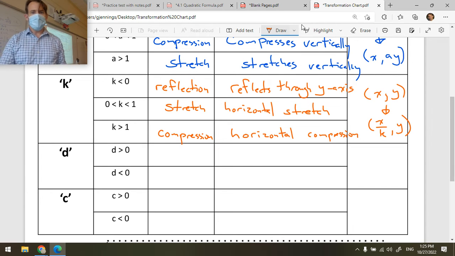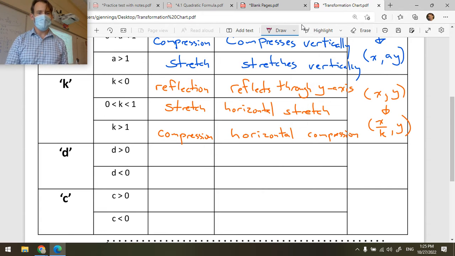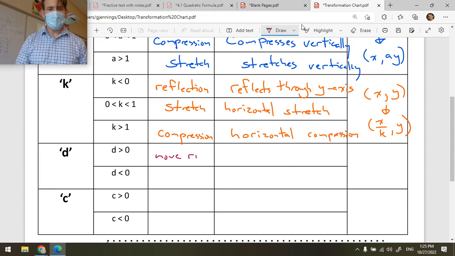D and C are a little bit easier to understand. D is going to be moving things horizontally and moving the whole shape without changing the shape at all. So when D is greater than 0, we move right. And when D is less than 0, we move left.